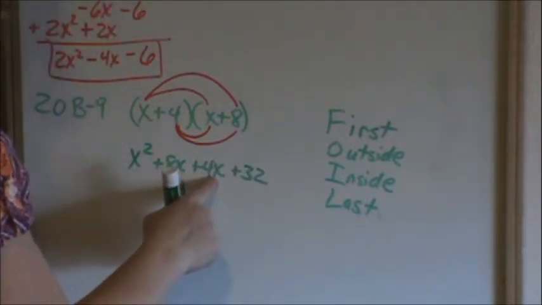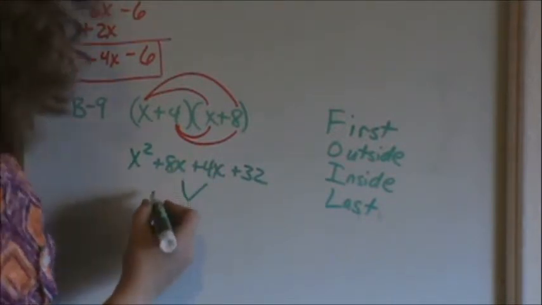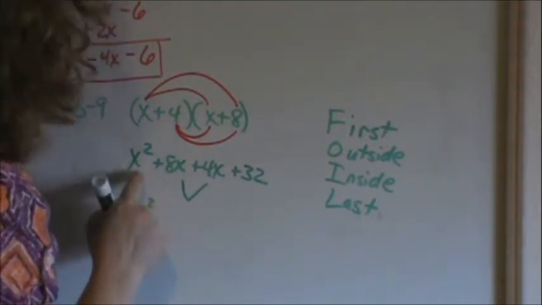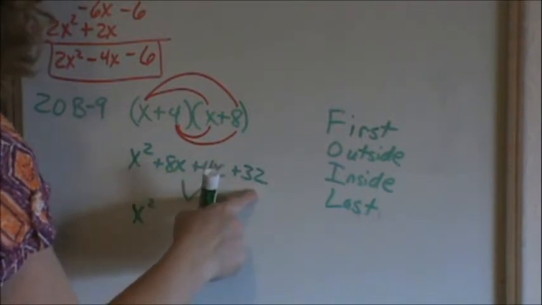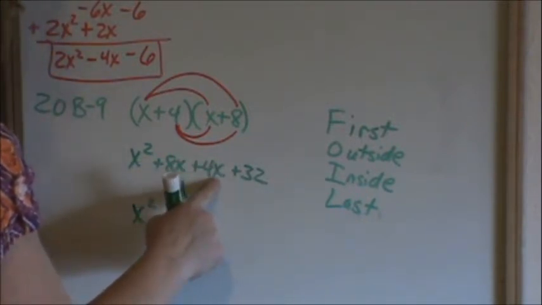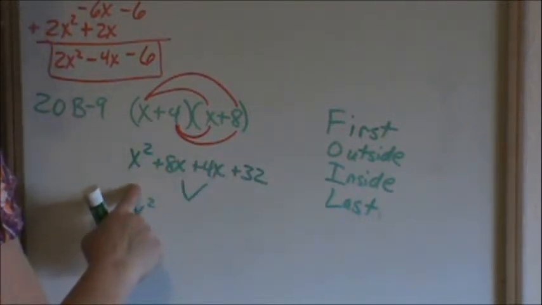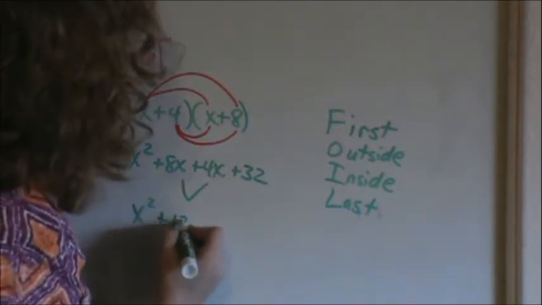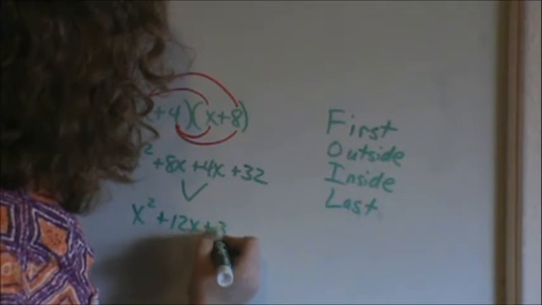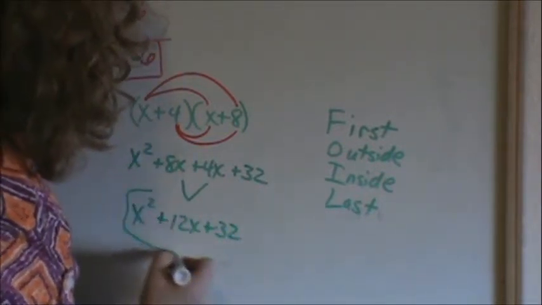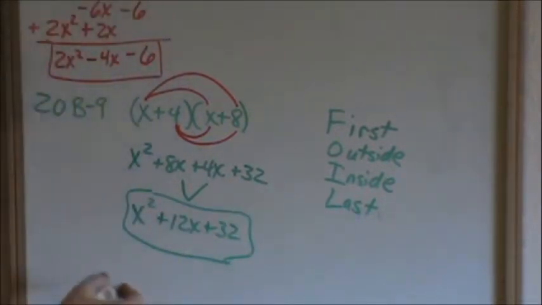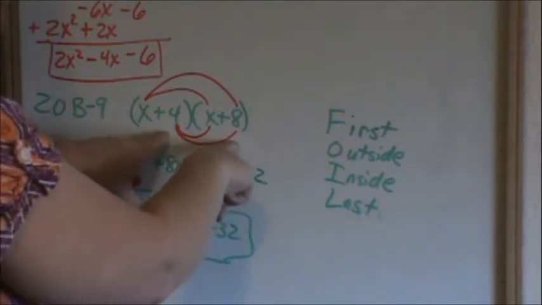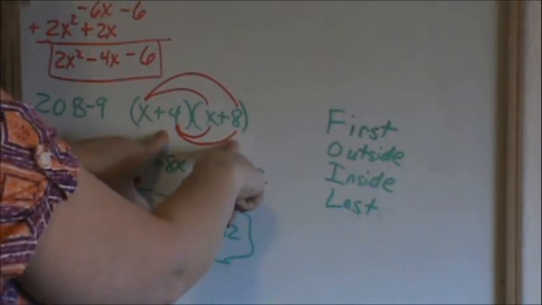These are both x terms, so you can combine them together. You cannot combine x squares to x's or x's to whole numbers, but you can combine x's to x's. So then you still have your x squared, a positive 8x and a positive 4x is a positive 12x, and then you still have your positive 32. And this is your trinomial you get when multiplying these two binomials together with FOIL.